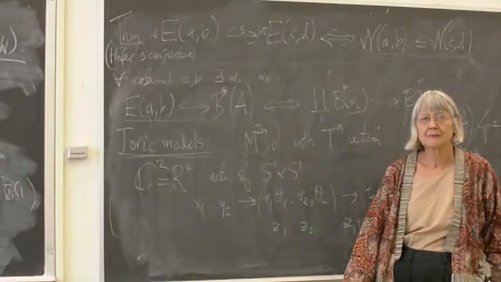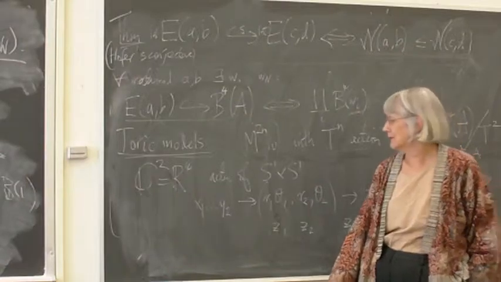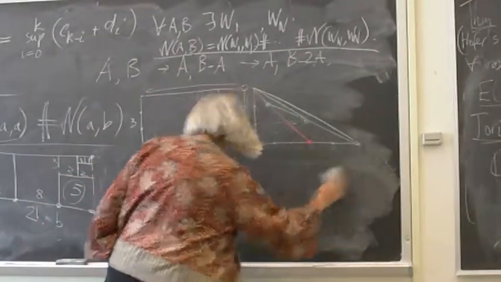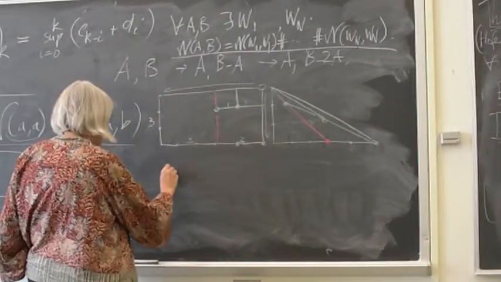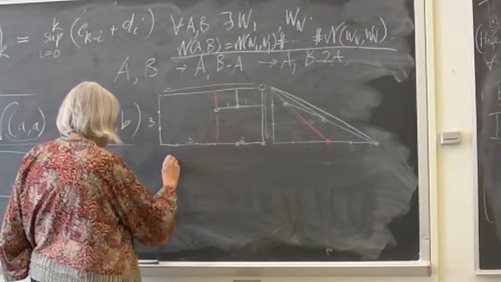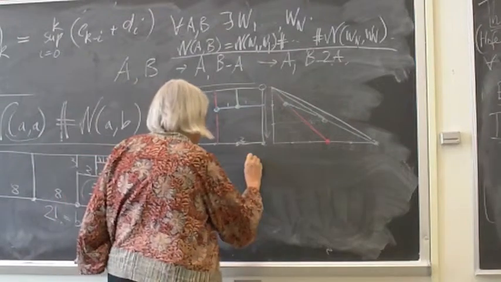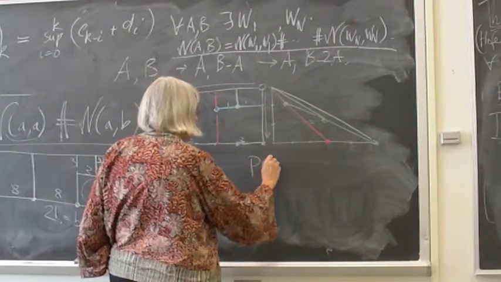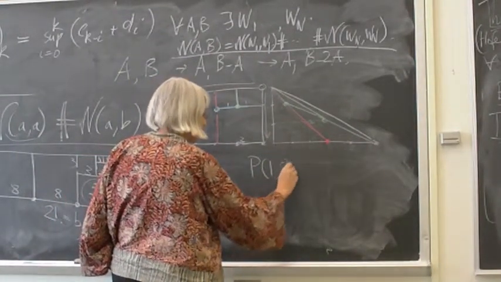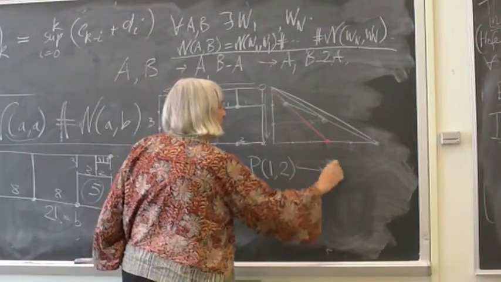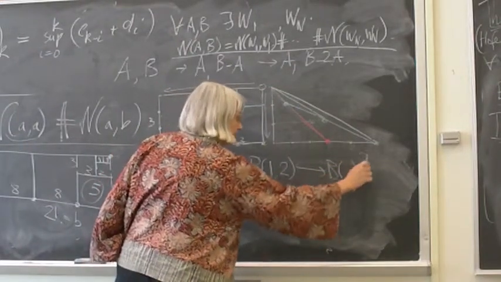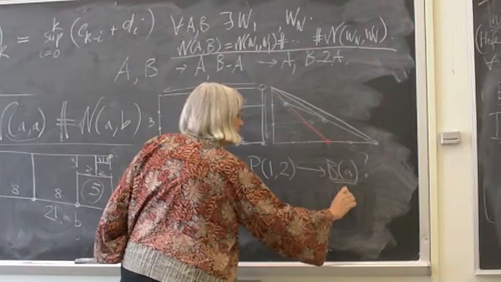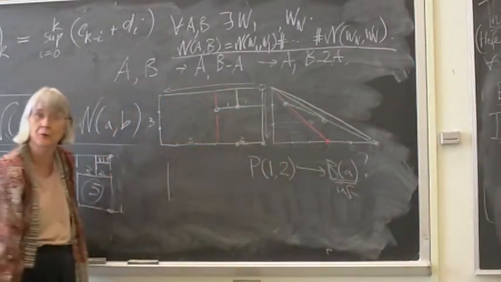And for polydiscs, there is nothing. Well, polydiscs are sort of awkward. If you have a polydisc, which is a sort of square thing, you can ask, if you take the polydisc P(1,2), which ball does it embed in? So if you want the infimum, the smallest ball, you take P(1,2).